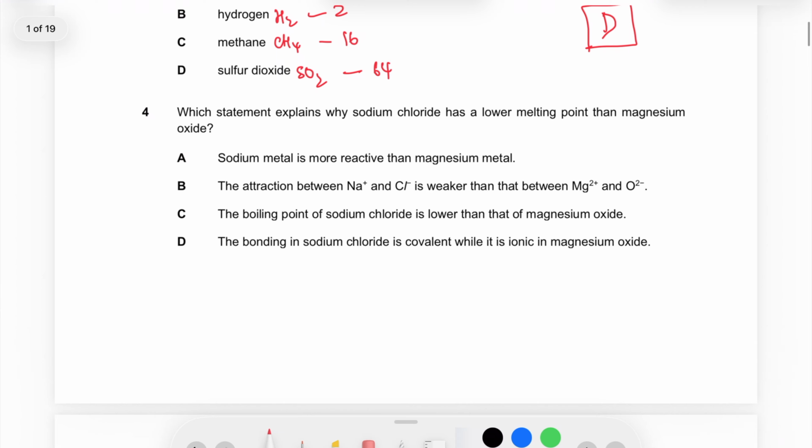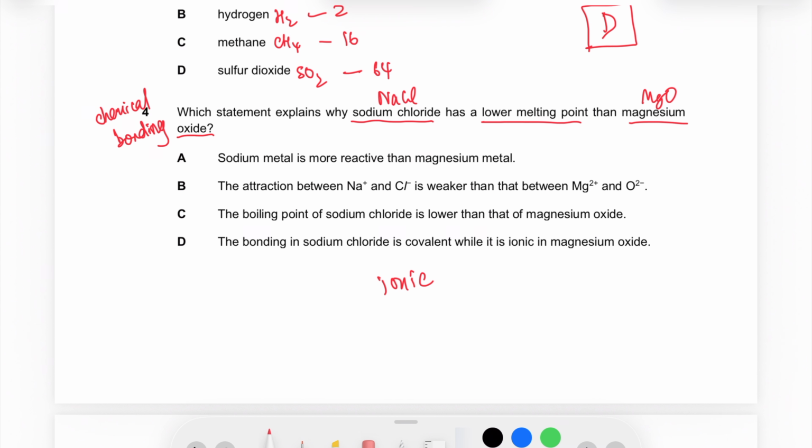Question 4. Which statement explains why NaCl has a lower melting point than magnesium oxide? So this is under chemical bonding. At one look, you know that both of them are ionic.